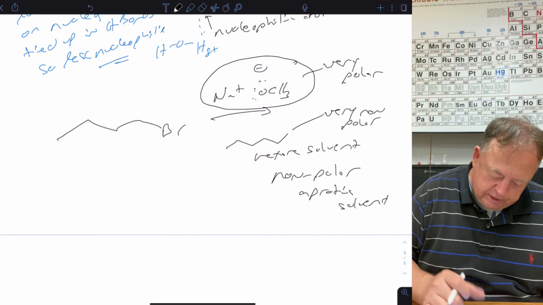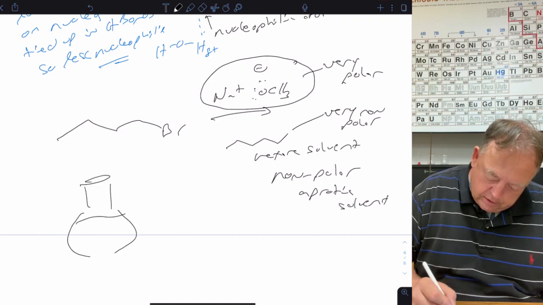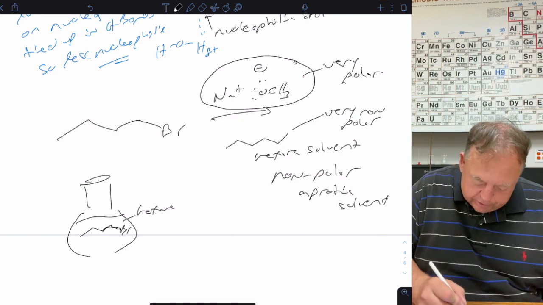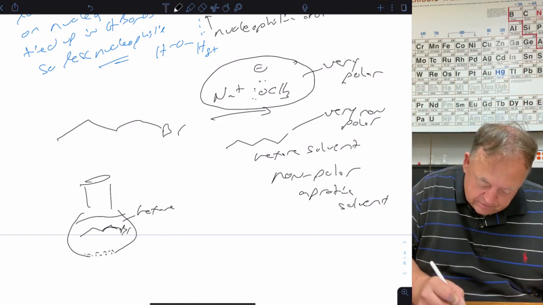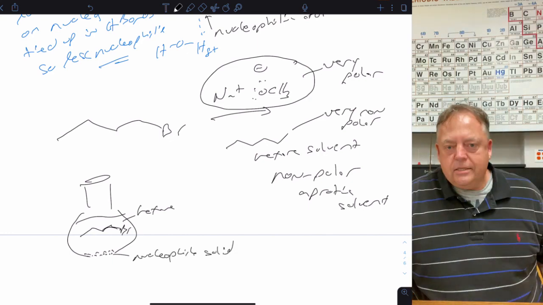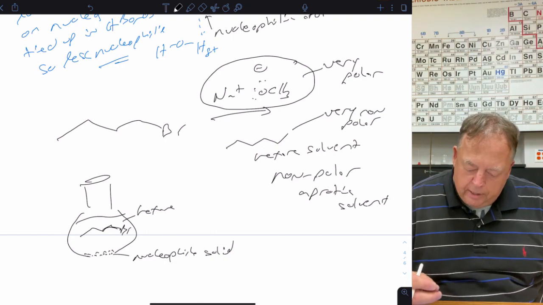So if you set this reaction up, so that's your hexane. So you may get some solubility of the alkyl bromide, but your nucleophile would be in a solid state, not dissolved, and so that makes it hard to react with your alkyl halides.